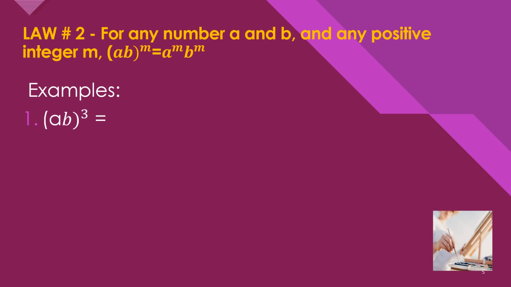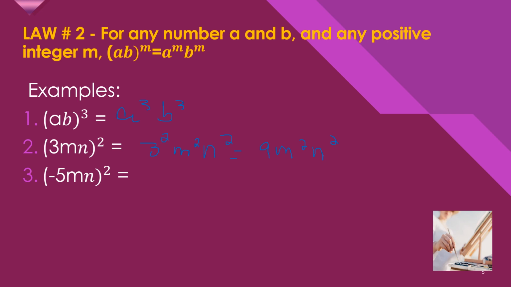Example, we have quantity ab cubed. That means we have to distribute, so that will become a cubed and b cubed. Then we have 3m squared n squared. So 3 squared, m squared, and n squared. That is 9m squared n squared.